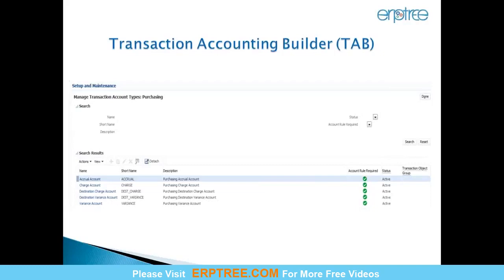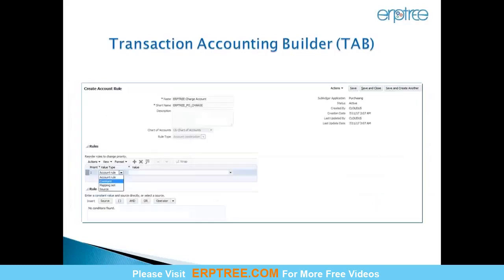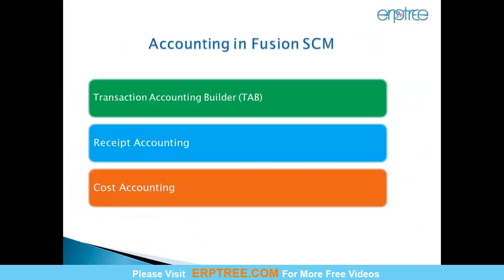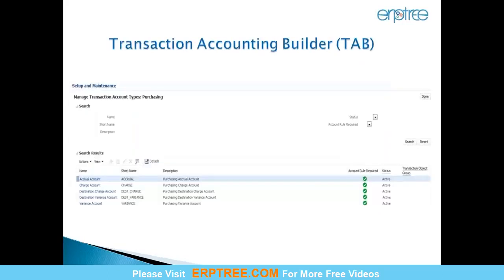Definitely, we will discuss that when we are defining the rules. We should talk on that. We'll discuss and we'll define. Okay, fine. So any other questions on these accounting related definitions in SCM? Fine. No. Okay.